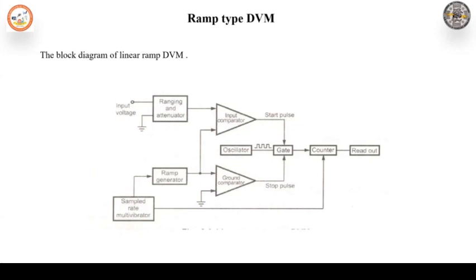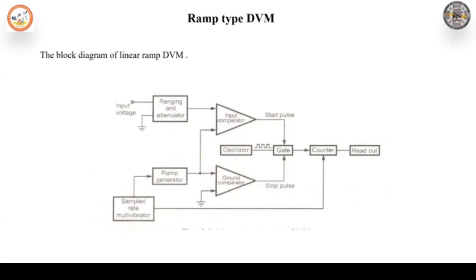Thus, the counter stops receiving the pulses from the local oscillator. A definite number of pulses will be counted by the counter during the start and stop pulses, which is a measure of the input voltage. This is displayed by the digital readout.